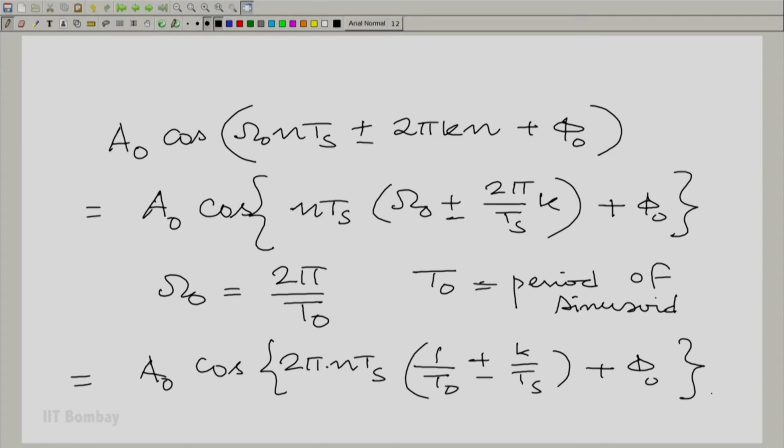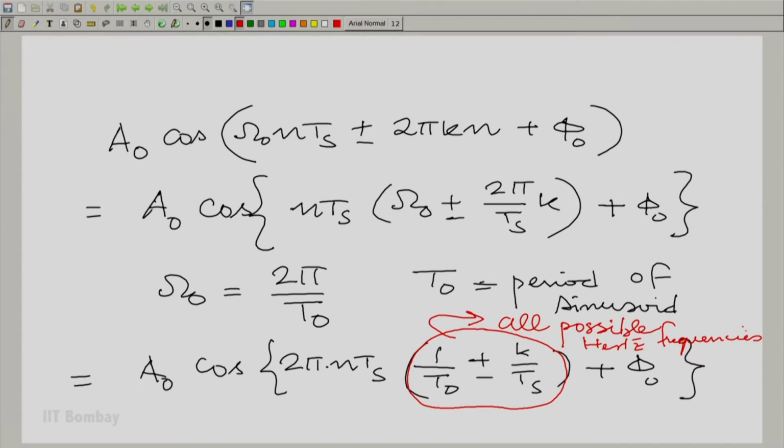Now, you will recognize that this expression here is representative of the cycles per second frequencies, which are all contributing these samples at these points, all possible cycles per second or Hertz frequencies. Now, let us look at the situation. You will agree with me, one thing is very clear.